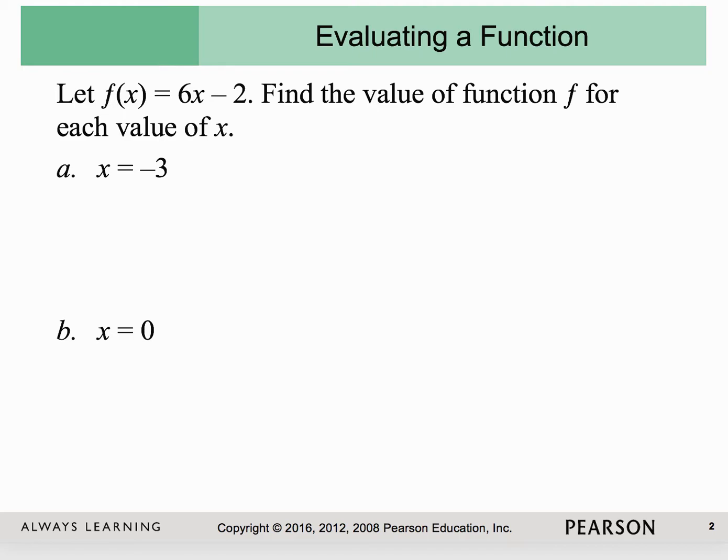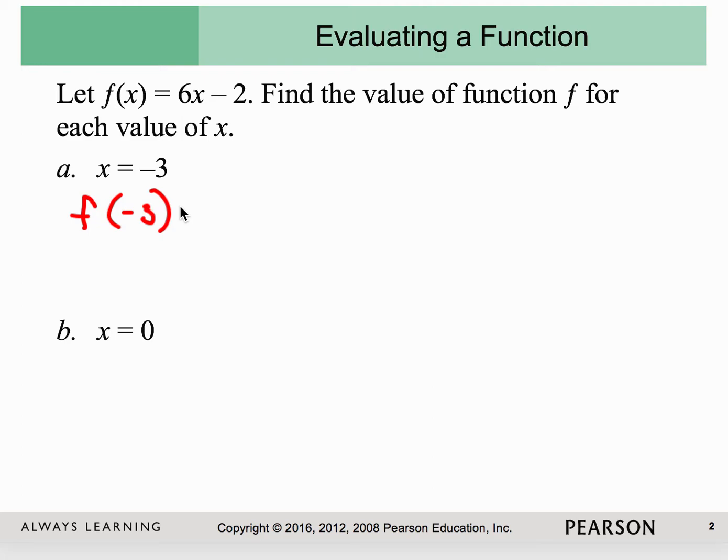One reason it's so useful is that if I had this equation, y equals 6x minus 2, and I wanted to find out what y equaled when x was negative 3, I'd have to say all of that. But if I use function notation, I can just say, find f of negative 3. That means everywhere there's an x, I'm going to put a negative 3.